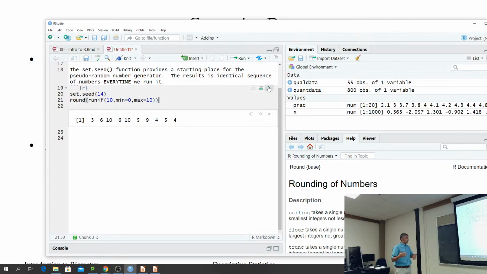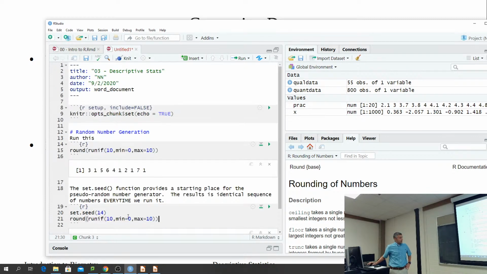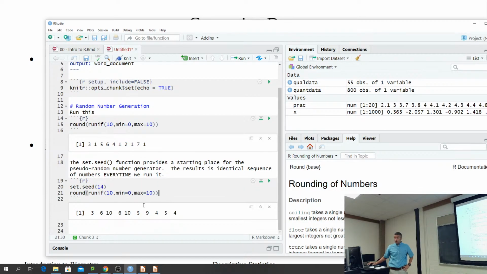Now, here's the interesting part. I ran that set seed, and then I ran the round function. If I go back and run this one again, I get a different set of numbers. This basically is that next number. So I got 92599744796.